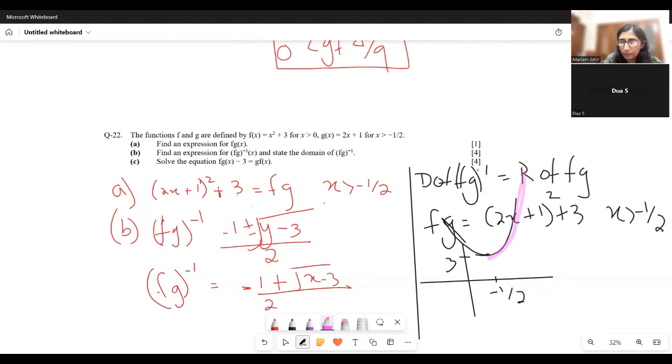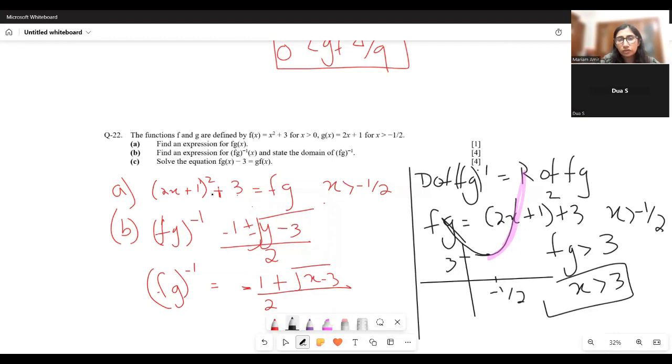So fg is greater than 3, not equal to, because x is greater than minus half, not equal. Domain of fg inverse, sorry, we are doing the domain of fg inverse, which equals the range of fg, so x is greater than 3 would be the final answer.